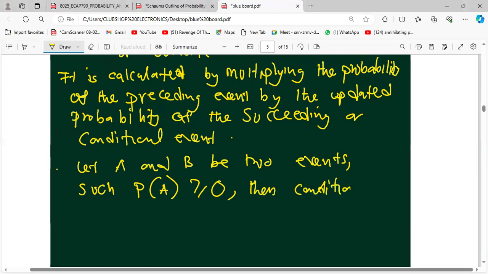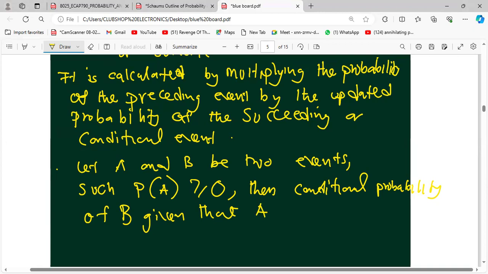The conditional probability of B given that A has occurred is noted like this: P(B | A).